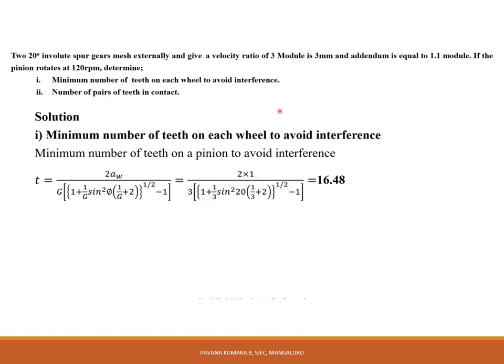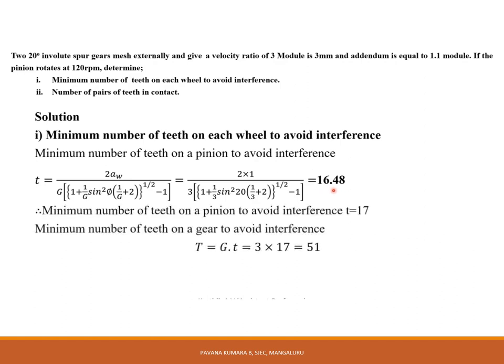And G is the gear ratio, which is also given as velocity ratio. So velocity ratio is 3. So 1 plus 1 divided by 3 sine square phi, the angle is given, that is 20 degrees, and plus 2. Calculate this and you will get small t is 16.48.